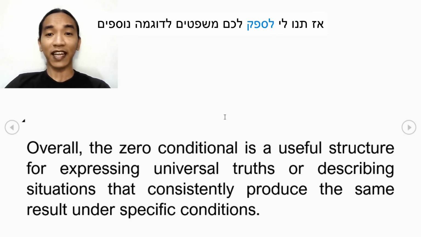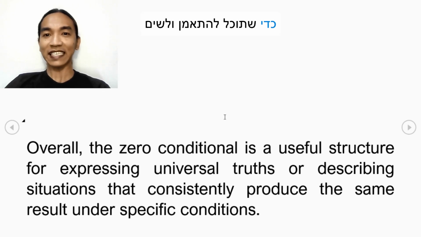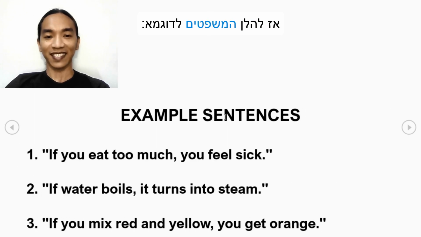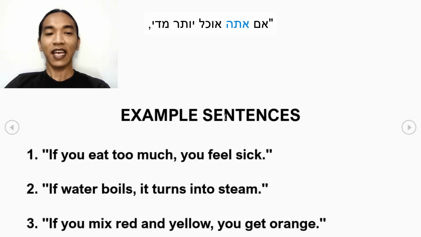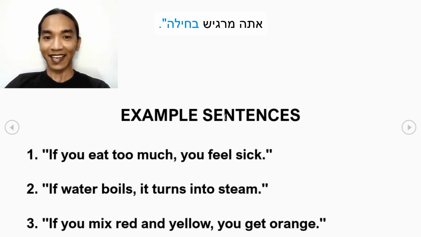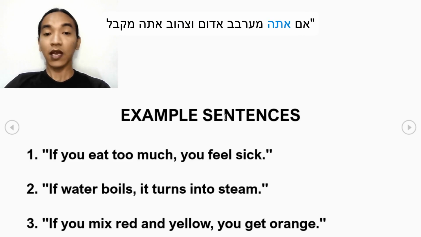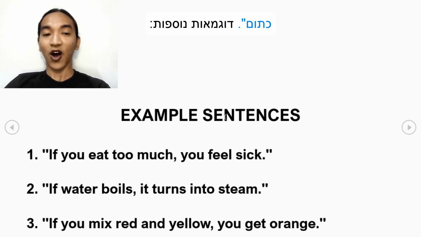Let me provide you more example sentences so you can practice and take note of how the zero conditional is being used. Example sentences here are: if you eat too much, you feel sick. If water boils, it turns into steam. If you mix red and yellow, you get orange.